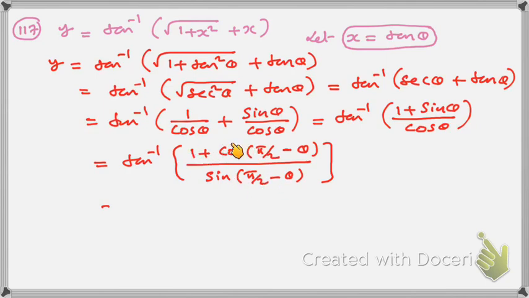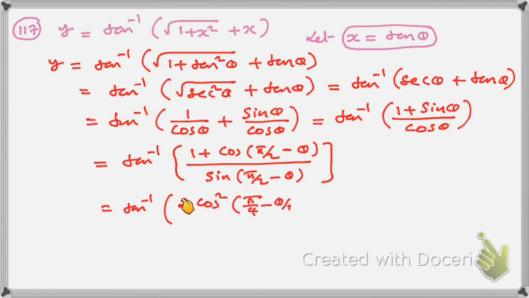Now if you think about it, this is 1 plus cos theta, which has a half angle result, 2 cos square theta by 2, half of the angle. And the denominator is like sine theta, which has a half angle result as well, 2 sine theta by 2 cos theta by 2. So we're going to apply those formulae in the numerator and denominator.